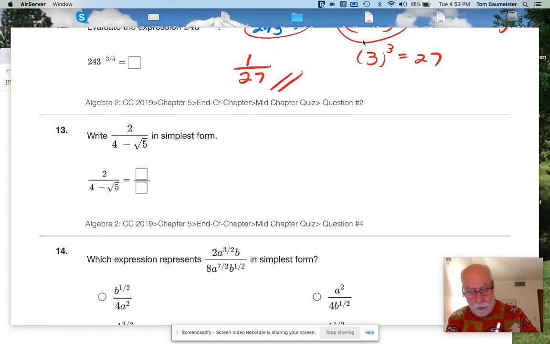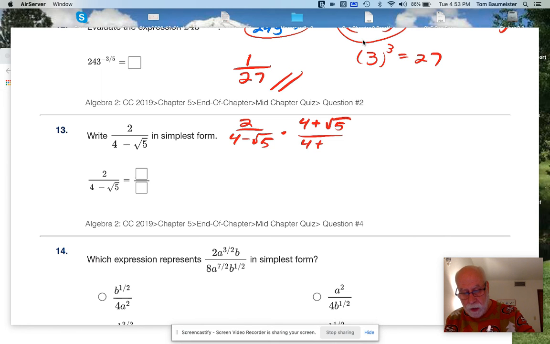So now you have 4 minus the square root of 5. Remember, to get rid of that, we have to multiply the top and the bottom by its conjugate, which would be a positive 5. So we'll have 4 plus root 5, 4 plus root 5.